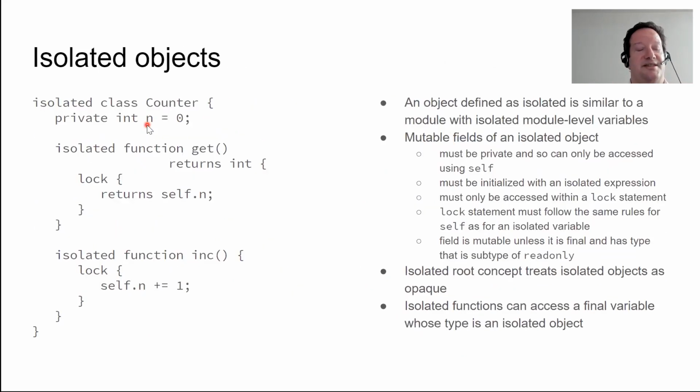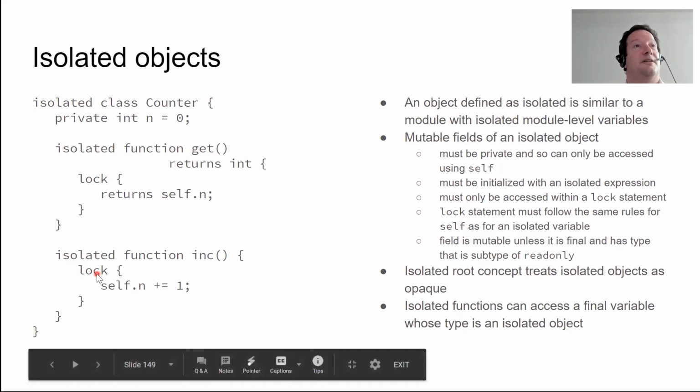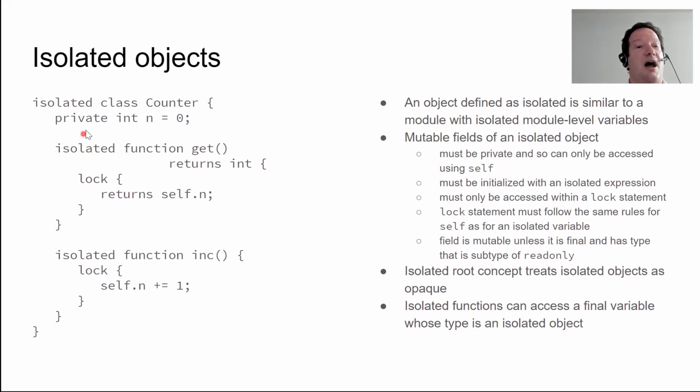They don't have to write isolated; what they do have to do is write lock. If you want multiple threads using a single service object, and you've got mutable state, you've got to lock it. There's no getting away from that.